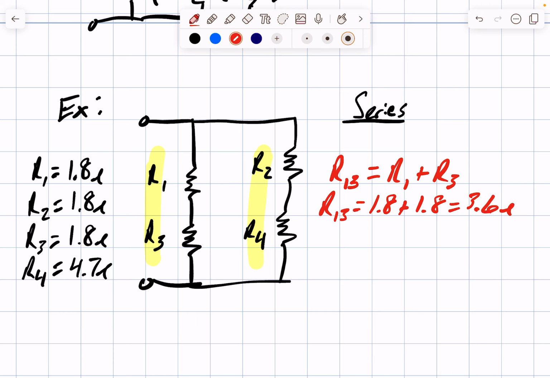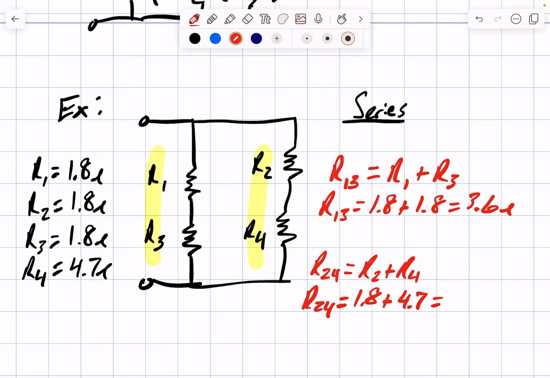Okay, and same thing for R2 and R4, so we can have the equivalent resistance, which is R24, is equal to R2 plus R4, which is equal to 1.8 plus, then we have 4.7.